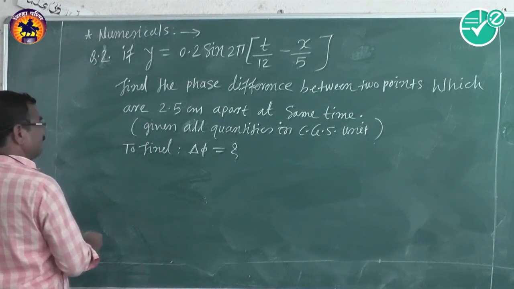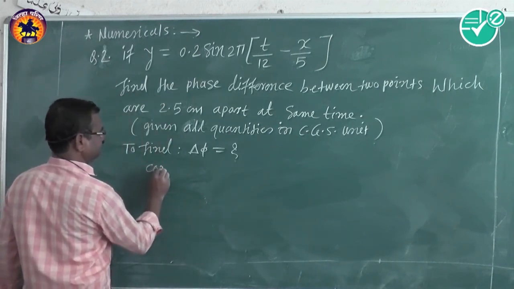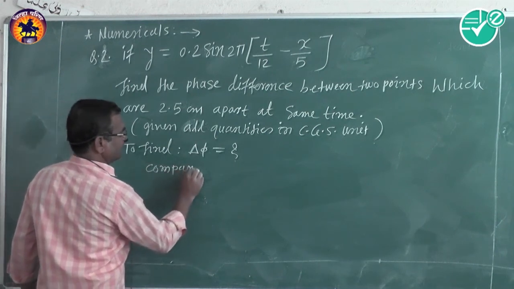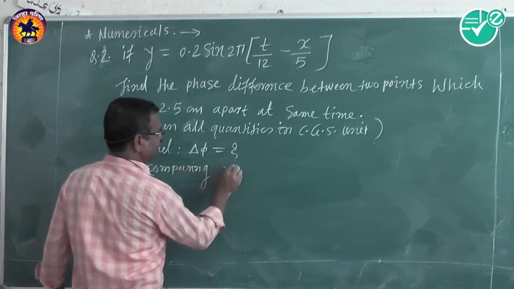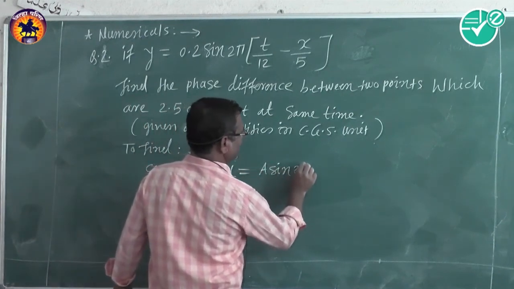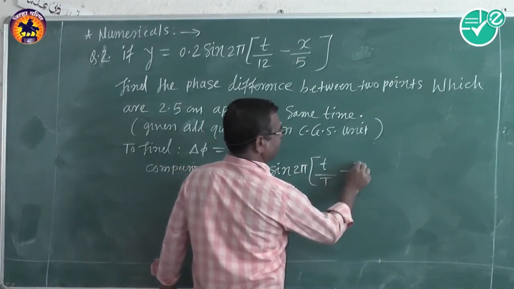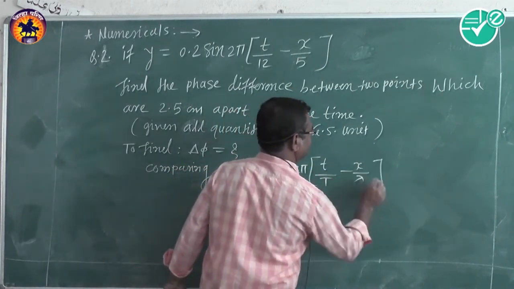We are comparing again this equation, y is equal to a sine 2 pi into bracket small t upon capital T minus x upon lambda.